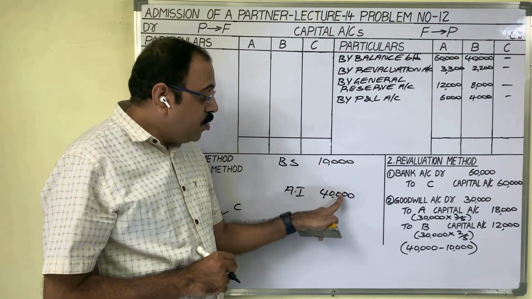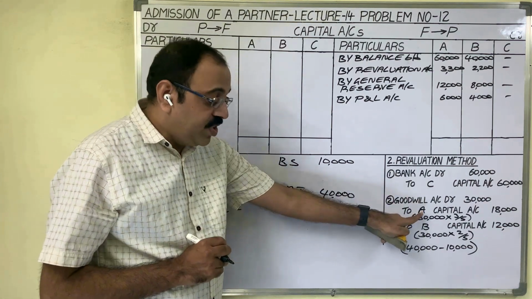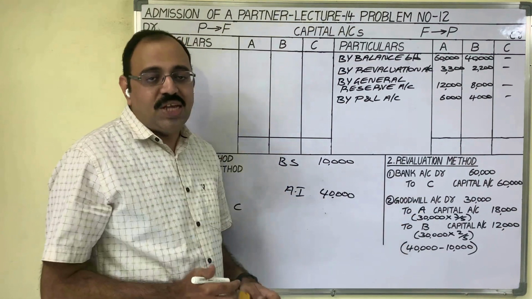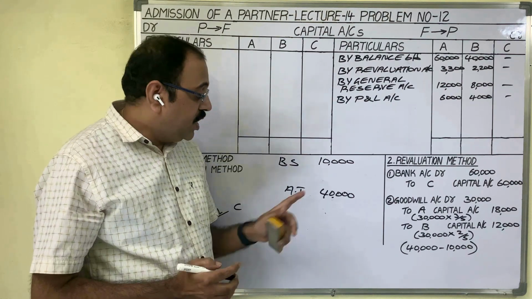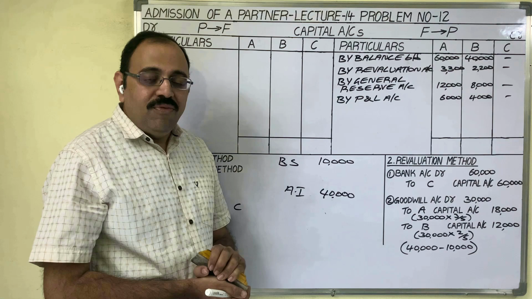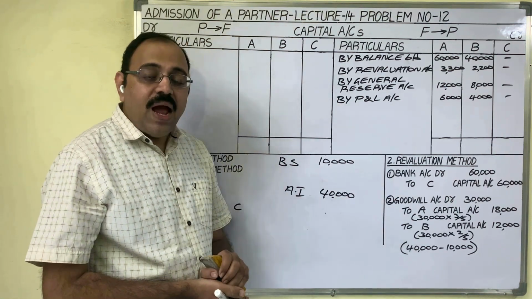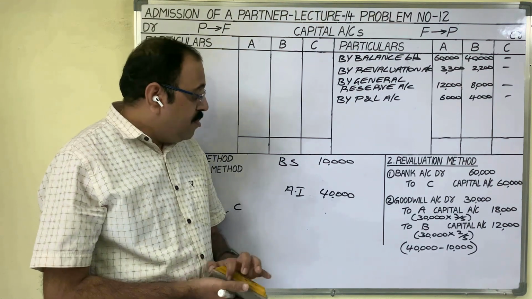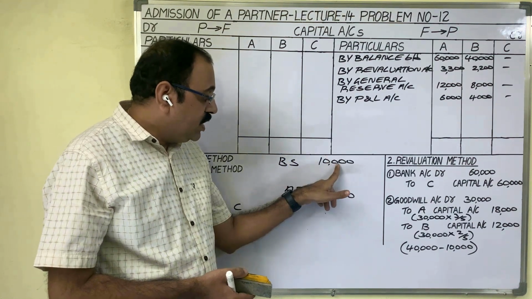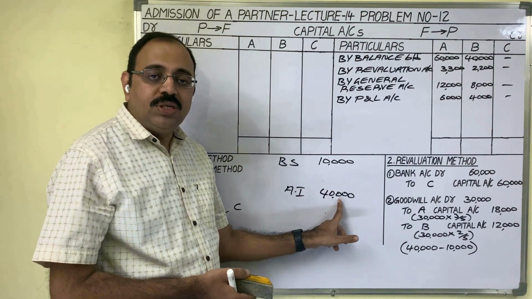Recorded goodwill, present value of goodwill. When these two amounts are given in the question, we have to pass the journal entry with the difference amount. 40,000 minus 10,000, 30,000 rupees. With 30,000 rupees, we have to write this second entry. And observe one point here: balance sheet goodwill amount is less than additional information goodwill amount.